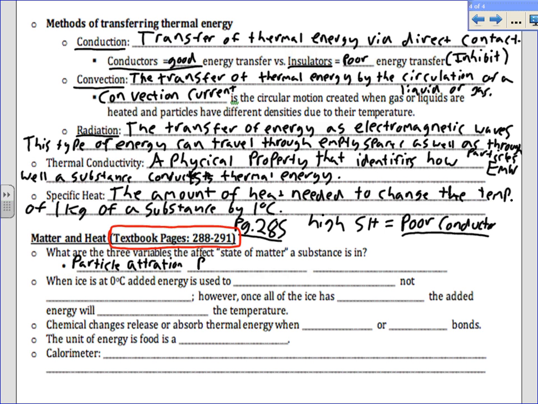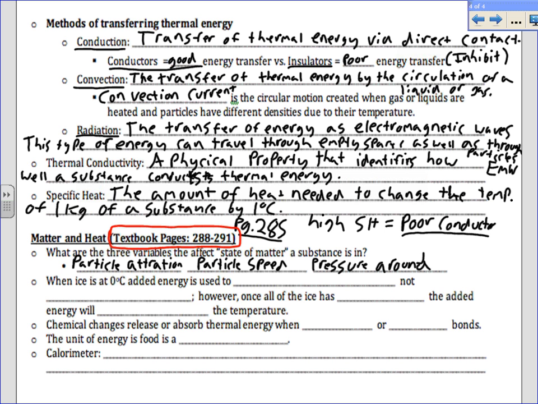Another variable is particle speed. And a third variable is pressure around them. And those go back to Charles' law, okay? Because that deals with pressure. So you really have to look at what the particles inside are doing when you're dealing with states of matter, okay?